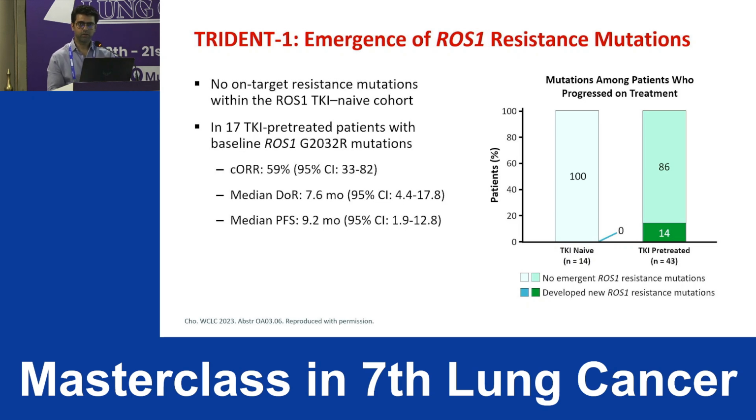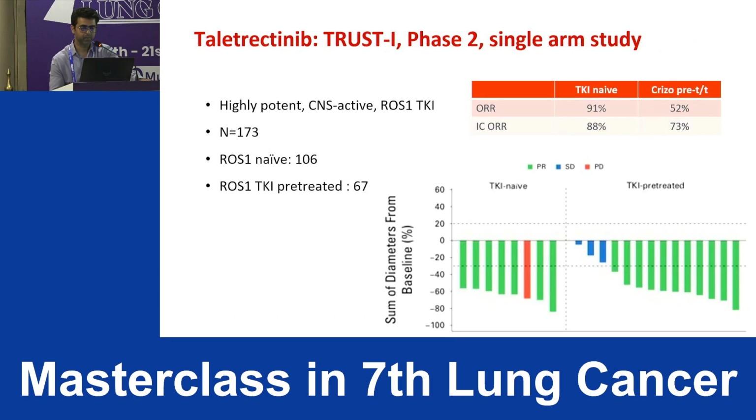Another important part of this trial was that 17 patients who were previously treated with crizotinib-based therapy had the ROS1 G2032R mutation, which is the most common mutation, and among them the overall response rate was 59%. So in the resistance mechanism of patients progressing on crizotinib, the newer therapy also works.